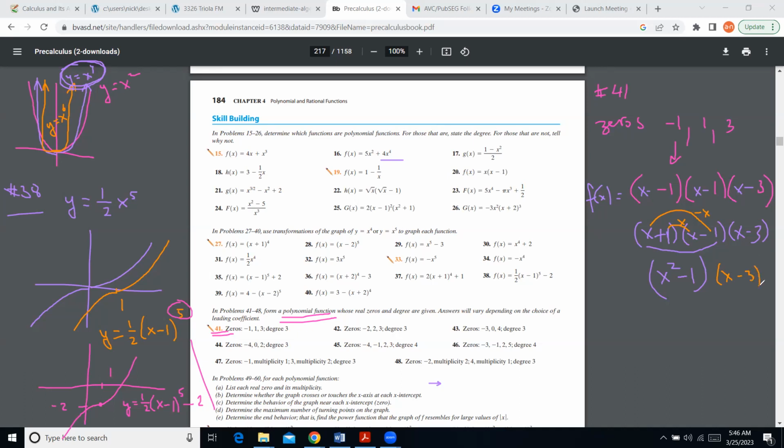x minus 3. So if you start to distribute, if you multiply x squared by x, you get x cubed. And then minus 3 times x squared will be minus 3x to the second power. And then you also distribute -1, so this will be minus x and plus 3, just like that. So notice they're talking about a polynomial of degree equal to 3 here, and degree is the largest power of x, and indeed it is 3.